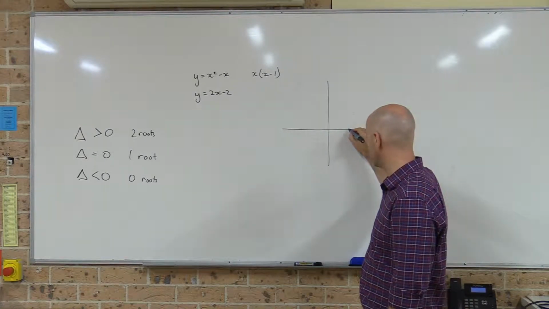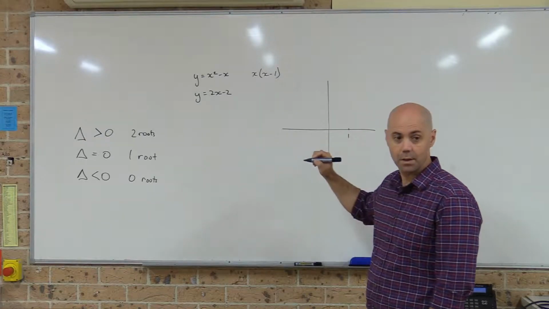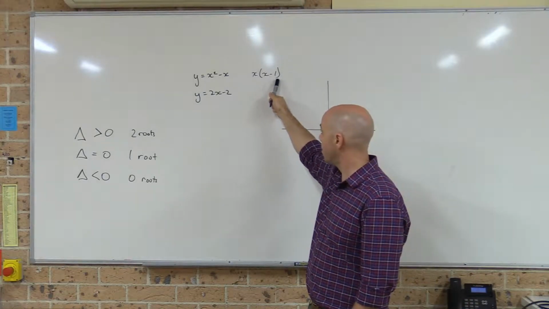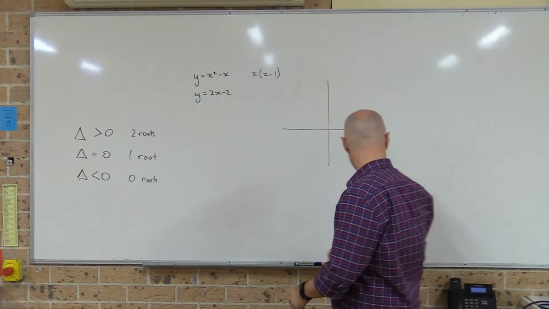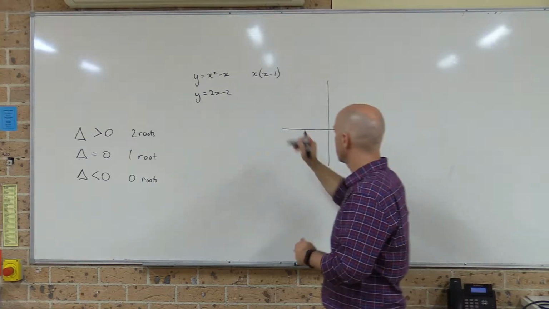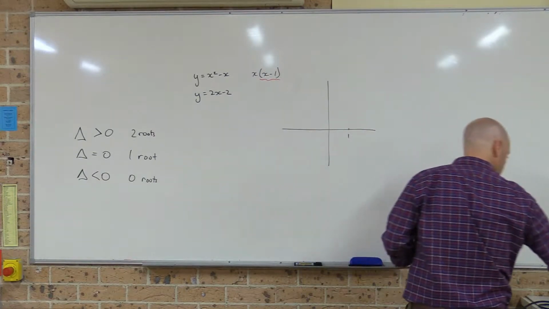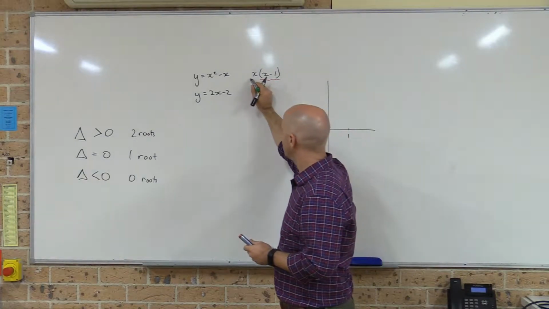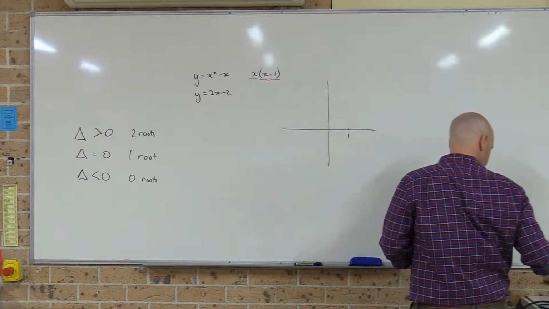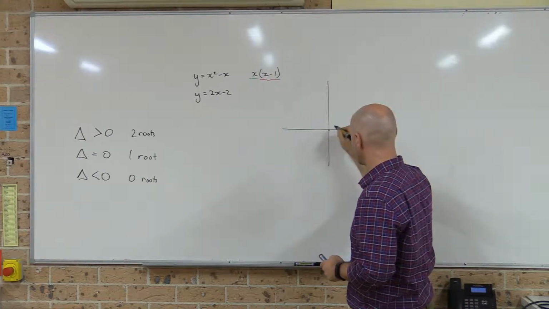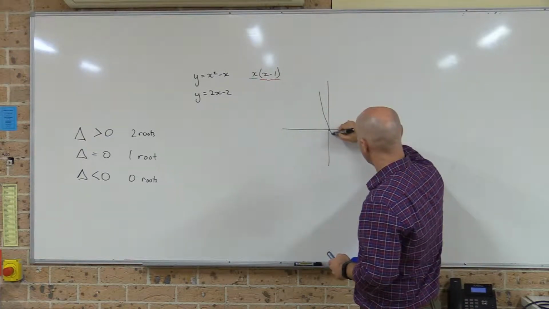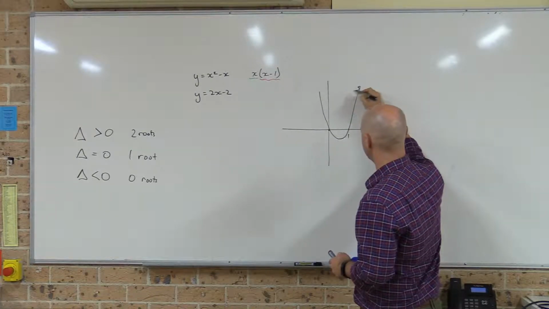One place it cuts is at 1. That's right. Where's the other place? 0. So this section shows that it cuts at 1, and this section shows that it cuts at 0. Okay, so it cuts there and there. It's going to come down, go through like that, something like that.